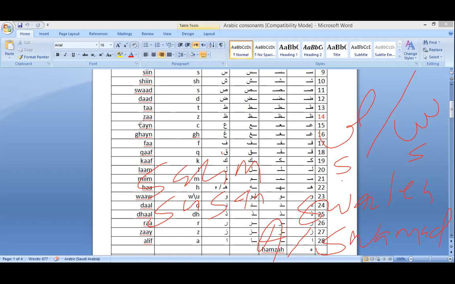It's Sa and Swa, Salim, Susan, Swaleh, and Abdul Samad. That's right. Yes, Muniru. It's Sa and Swa, Salim, Susan, Swaleh, Abdul Samad. Riaga. It's Sa and Swa, Salim, Susan, Swaleh, Abdul Samad.